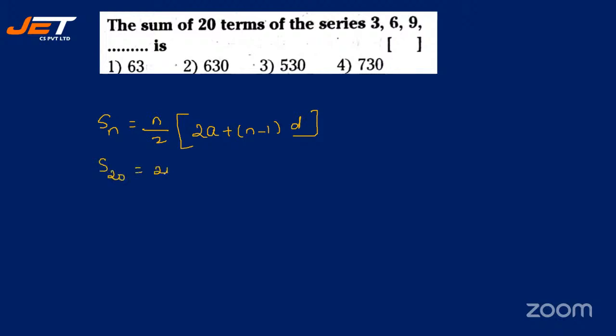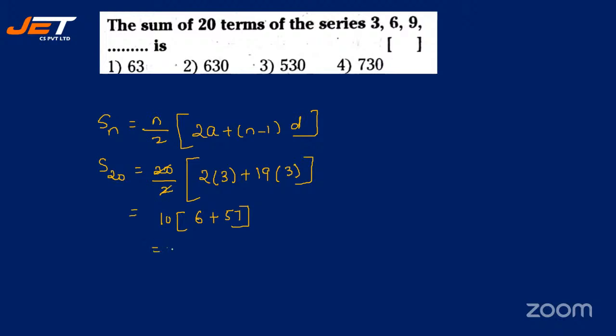So 20 by 2 into 2 into a, the first term 3, plus 20 minus 1 is 19 into d, which is T2 minus T1. So 6 minus 3 is 3. So 10 into 2 3s are 6 plus 19 into 3. 9 3s are 27, 3, 4, 5.